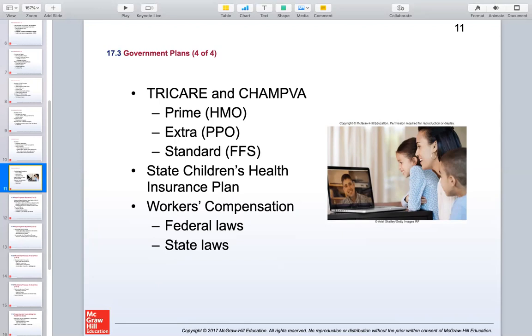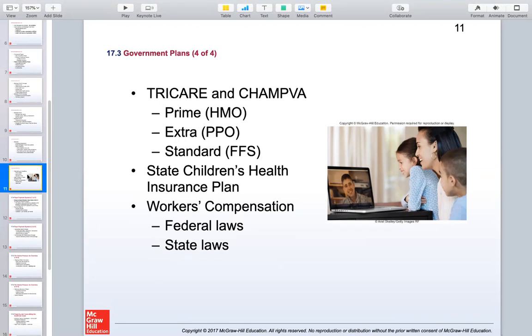And then of course, once they become retired military, then they go from TRICARE to CHAMPVA. So TRICARE Prime is basically like an HMO, where TRICARE Extra is like your PPO plan. And then you have TRICARE Standard, that is like the fee-for-service.